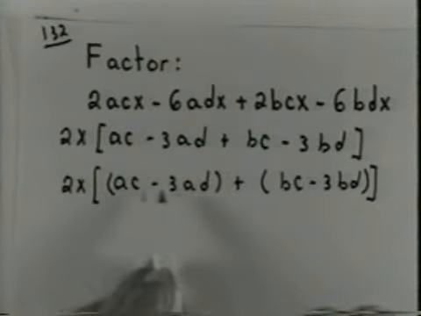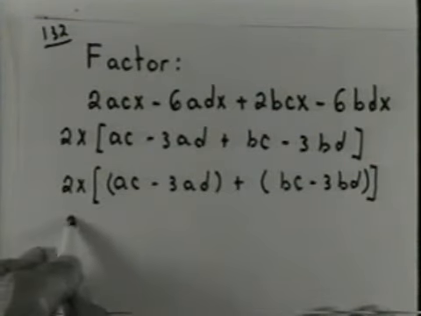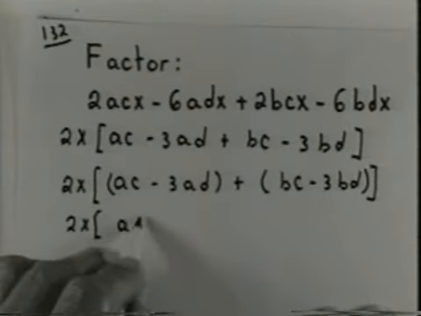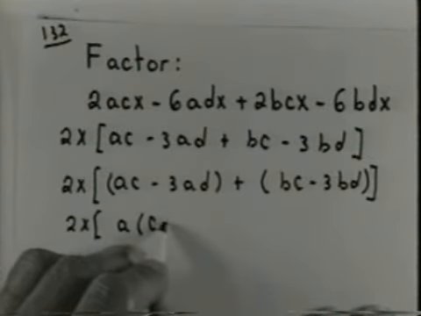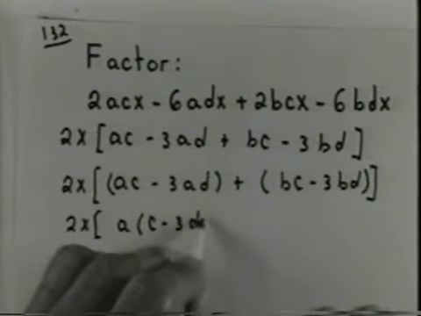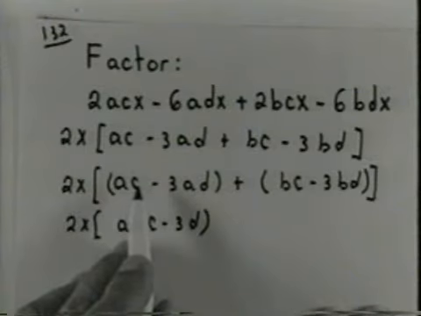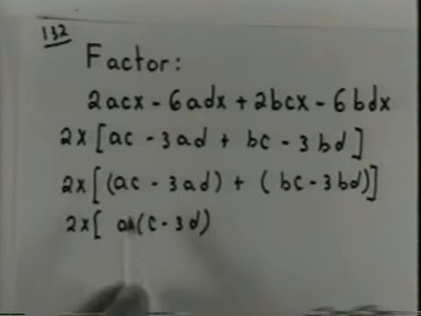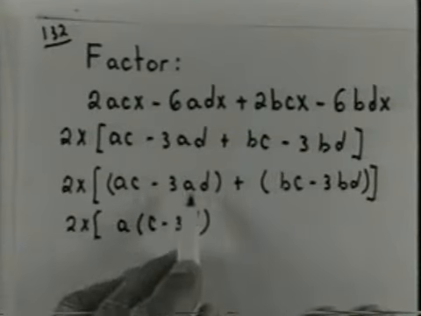Now I'm looking for a pairwise common factor. Well, I have the common factor here, so it would be 2x times a times c minus 3d. I have the common factor of a. If I remove the factor of a, I'm left with c minus 3d.